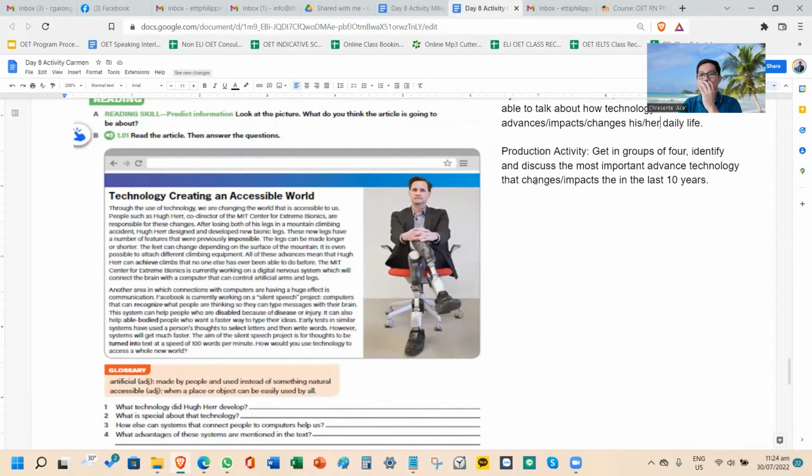Get in groups of four, identify and discuss the most important, or maybe not the most important, but just technology advances. Technology advances has changed our ways to travel, to work, no?